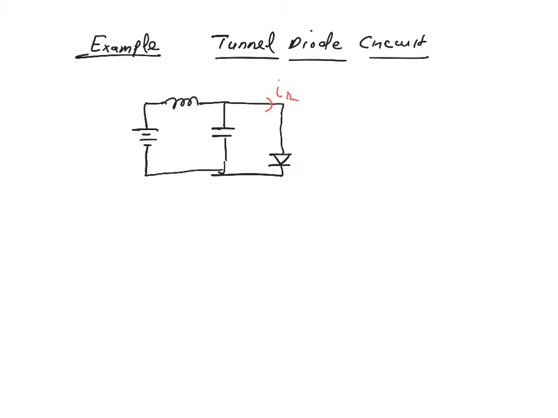So the current in this circuit here in the diode is IR, okay? The current here is IC in the capacitor. So this is a capacitor, this is a diode, and this is an inductor coil. There are three main components in any circuit. Your computers or any laptops are made of three main elements: R, resistance; L, your inductor coil; and the capacitor.